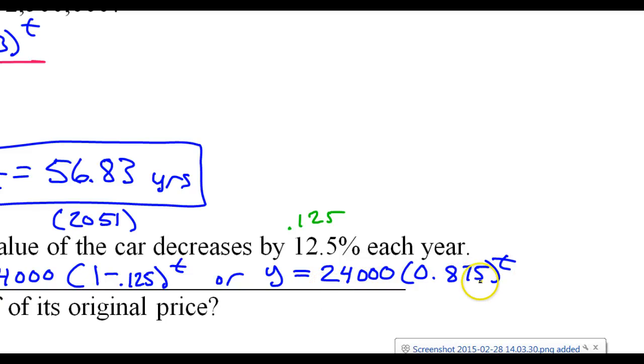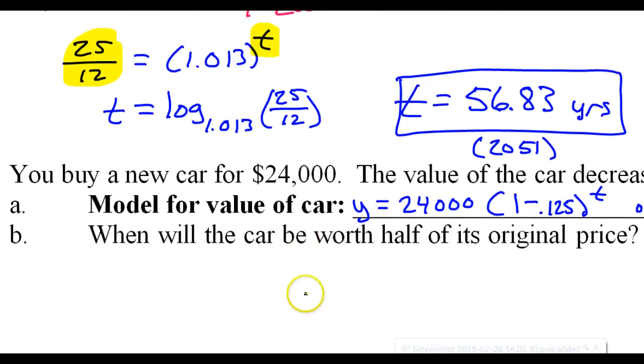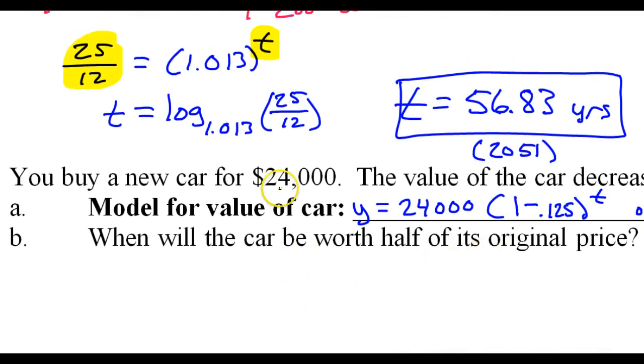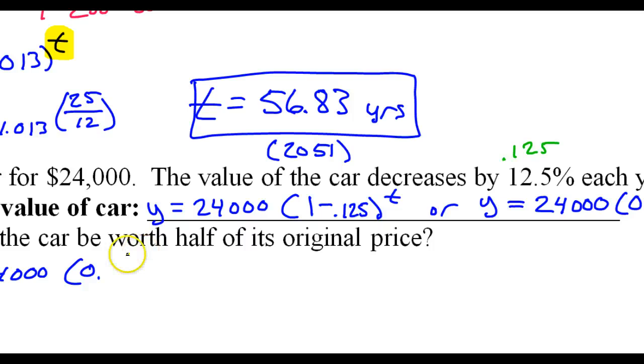Or this. Now, when will the car be worth half of its original price? Half of its original price means $12,000. So we'll have 12,000 equals 24,000 times, and I'll use the 0.875 version.